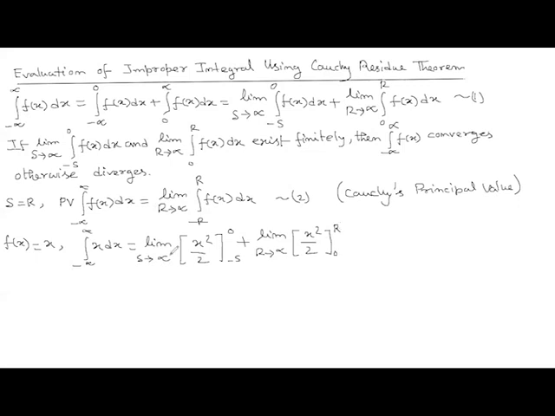So here we can see as s tends to infinity, this limit tends to minus infinity and this limit tends to infinity, which is undefined, minus infinity plus infinity is undefined. So this limit does not exist, and this integral is divergent.